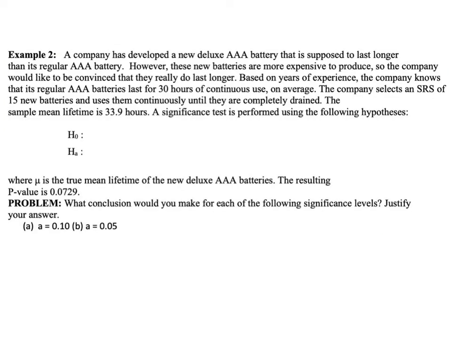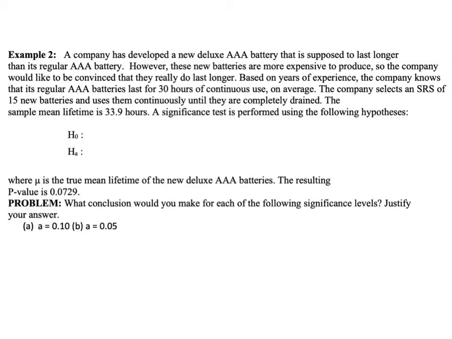So let's look at a scenario and identify our null, then observe what our conclusions would be based on our p-value. A company has developed a new deluxe AAA battery that is supposed to last longer than its regular AAA battery. However, these new batteries are more expensive to produce, so the company would like to be convinced that they really do last longer.